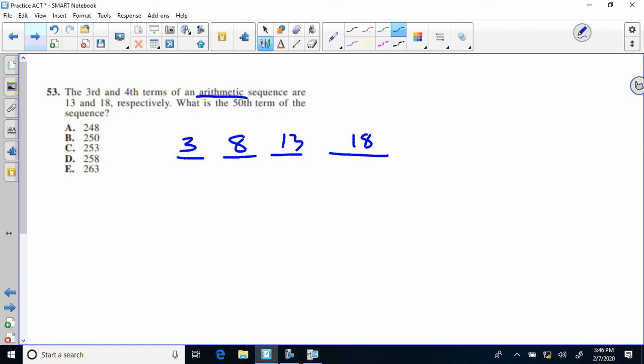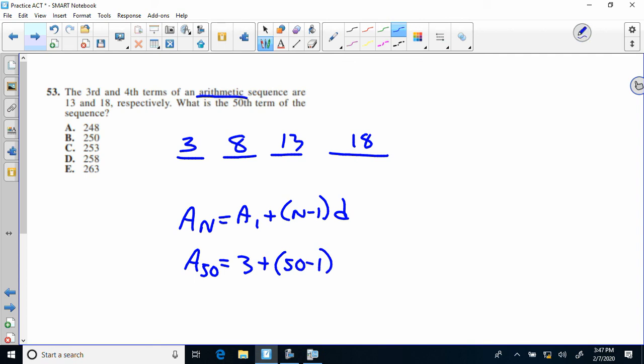If you know the formula for an arithmetic sequence, it's a sub n equals a sub 1 plus n minus 1 times your difference. And all we're going to do is throw them in. They wanted the 50th term, so you're putting 50 in for all n's. So a sub 50 is equal to my first term, which is 3, plus n, which is 50, minus 1 times my difference.